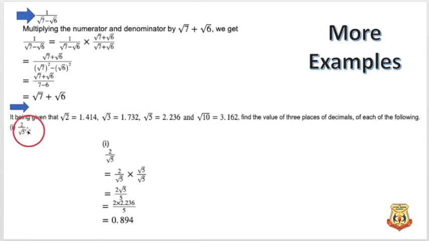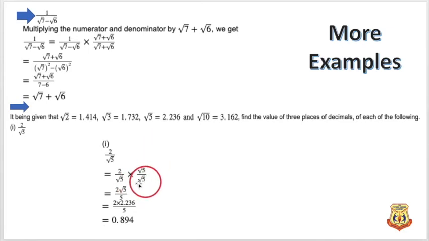Next example. Now some values like root 2, root 3, root 5 are given, and now they are asking to find out the value of 2 by root 5. But before that, you can put the value here directly, that root 5, but no, here we will use the process of rationalization.